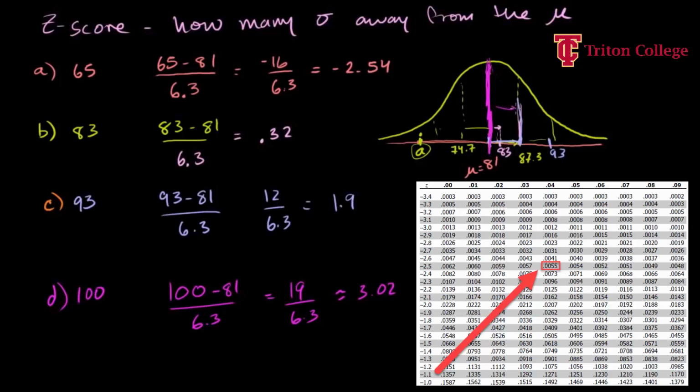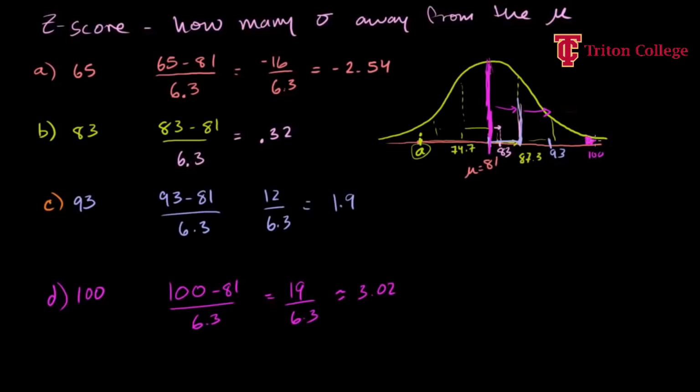What this is saying in English is this is the number of values that would be above this. So basically what we're saying here is a score of 65 is very, very low, and the odds of getting a score less than 65 are going to be about 5.5%. Certainly not very good odds there.